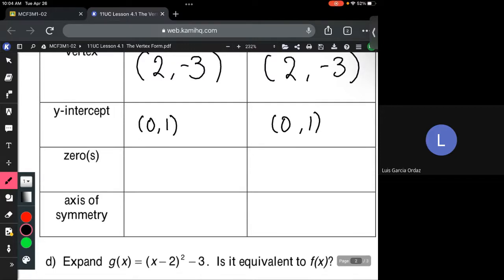So let's go to Desmos here, and I'll show you guys what the x-intercepts are. So I got y is equal to x to the power of 2. Is it minus 4x plus 1, right? Okay. So what are my x-intercepts? They're right there. Well, I got to move this over. What are my x-intercepts? 0.268 and 0.